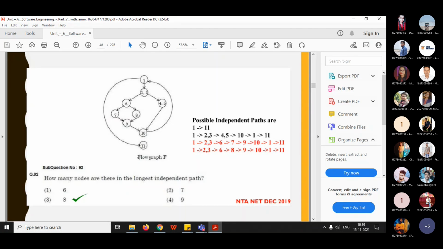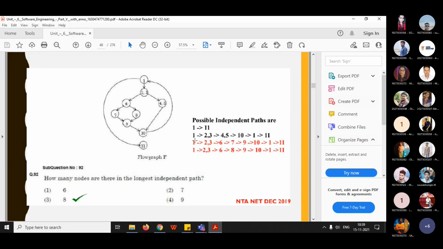Another path: 1 to 2, then 2 to 6, then 6 to 7, then 7 to 9, then 9 to 10, then 10 to 1, then 1 to 11. Another one: 1 to 2, 3, then 2, 3 to 6, then 6 to 8, then 8 to 9, then 9 to 10, then 10 to 1, then 1 to 11.